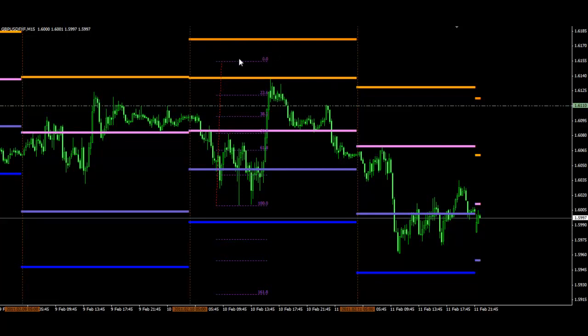My swing projection was calling for this price level up in here, but before we get to it, it's going to be R1.